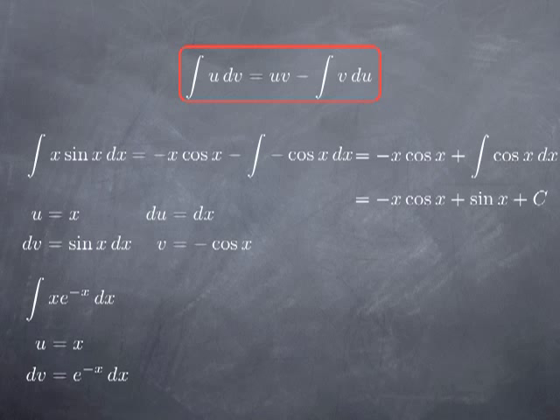So u is x, dv is e to the negative x dx. Then I have to calculate du and v. du is dx, and v is an antiderivative of e to the negative x, which could be negative e to the negative x.